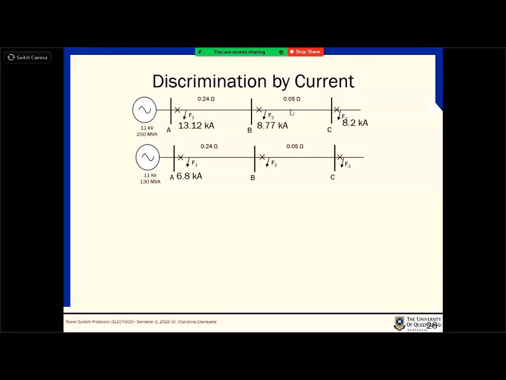One of the issues associated with distribution systems is that the short circuit capability of the system can change very quickly, because it depends on the number of sources connected to the system and the number of lines connected to that, and a lot of things.